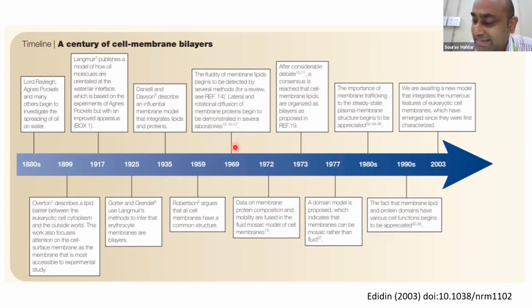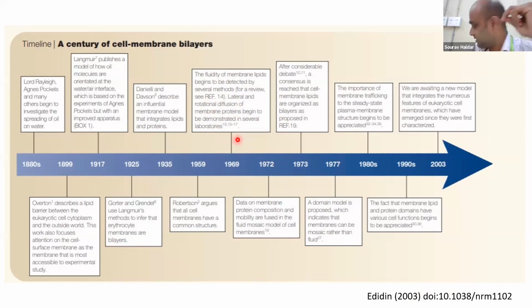One of the key experiments that led to the conceptualization of the fluid mosaic model was carried out by Edidin along with Frye, and they showed that the lipids and proteins are actually mobile on the membrane surface. This is a landmark paper. I would urge you to read that. All the papers will be found in the reference given here.